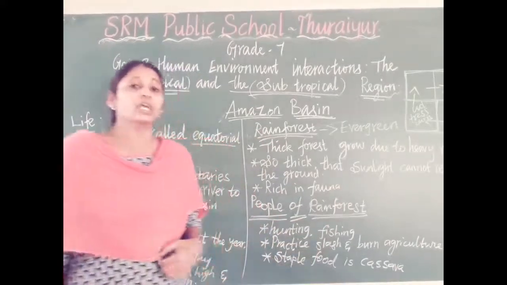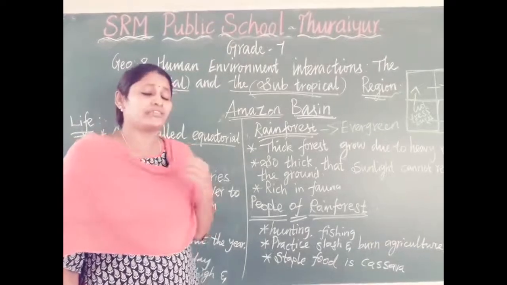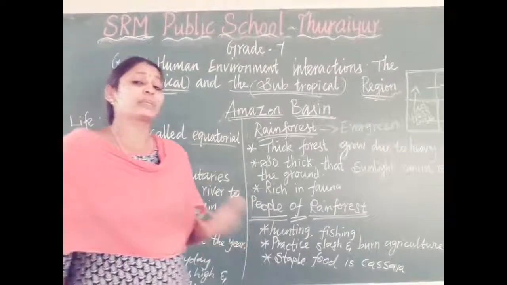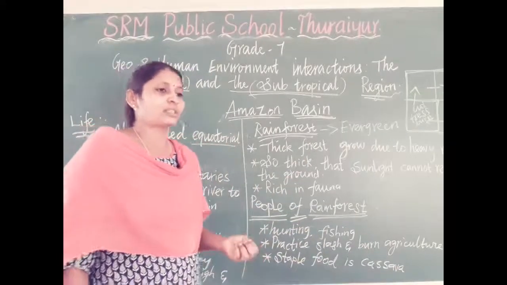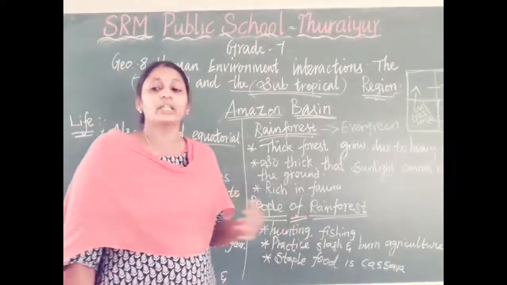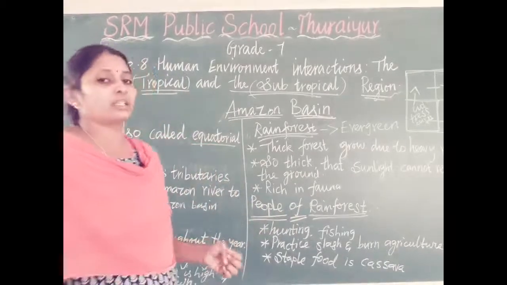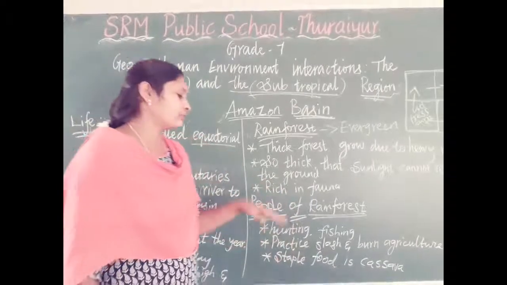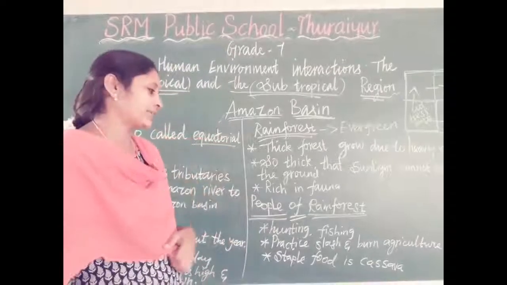Nowadays we use chemical fertilizers and chemical pesticides. Whenever we continuously use chemical fertilizers, the soil loses its strength, and at one point the soil cannot grow anything. To avoid that, the people follow the slash and burn method of agriculture.